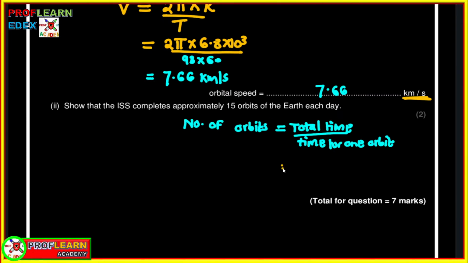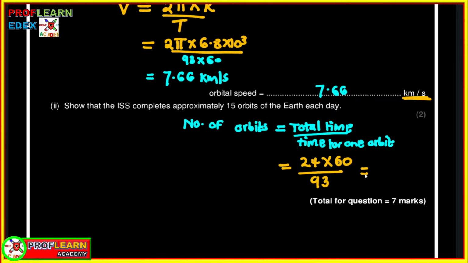In that case, the total time is 24 hours times 60 so that we get our time in minutes, and this is going to be divided by 93.